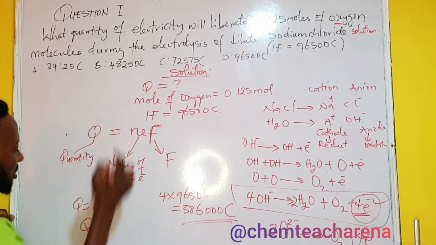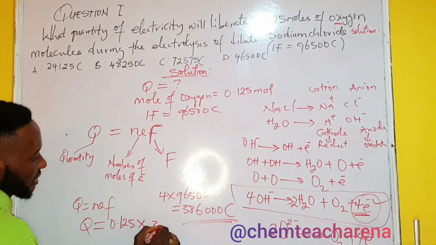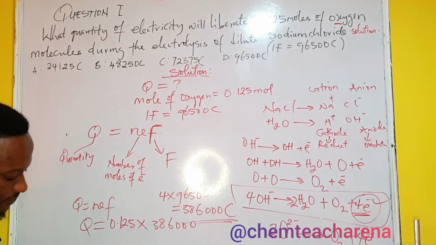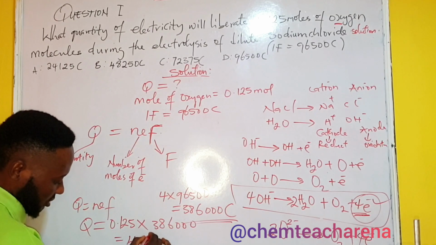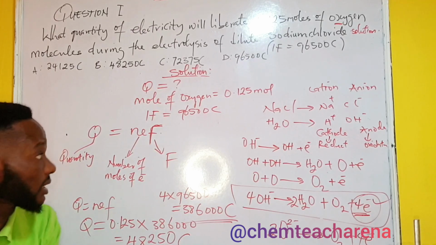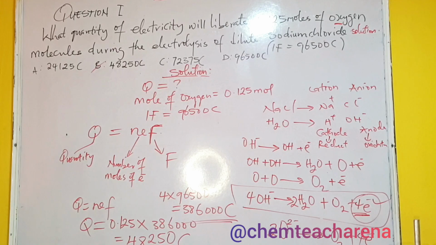They ask what quantity Q is. Q is equal to 0.125 times 386,000. If you multiply by 0.125, we will have 48,250 coulomb. That is the answer. That is option B.